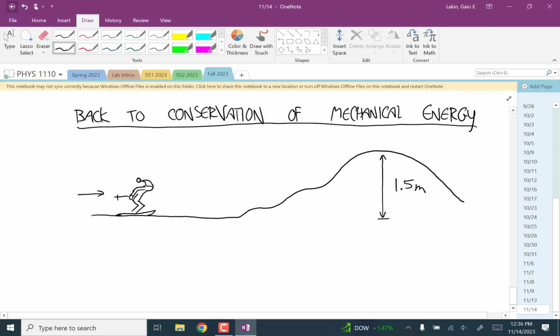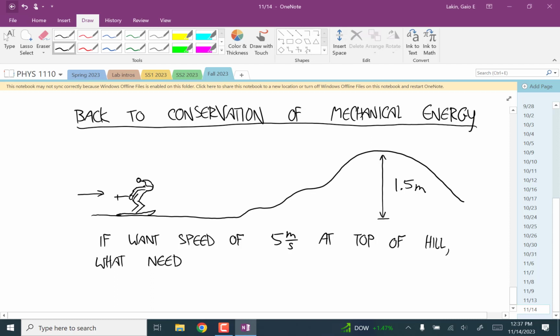If the skier wants to have a speed of 5 meters per second at the top of the hill, what needs to be the speed at the bottom of the hill?